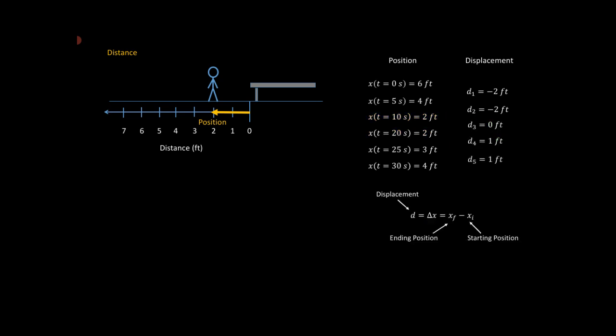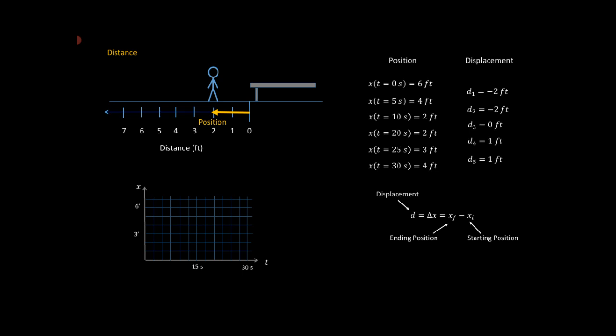And we can find the rest of those distances. So the displacement is just the difference between these two places as you're going towards the table. You've got a minus 2 feet for every 5 seconds. When you're standing, you have 0 feet for 10 seconds. And then for every 5 seconds, you have 1 foot going away.